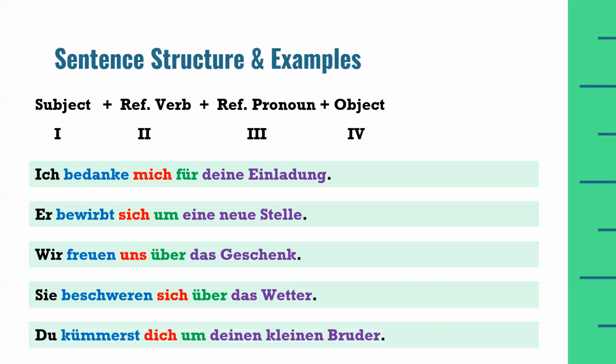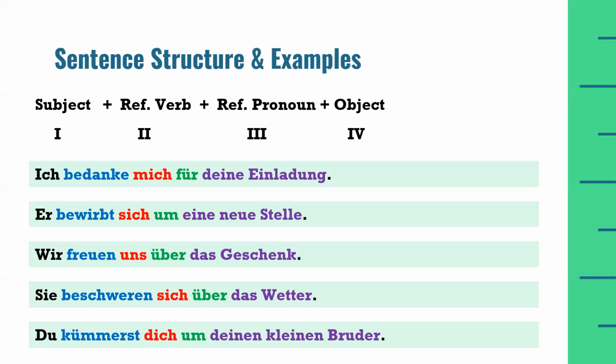Du kümmerst dich um deinen kleinen Bruder. You take care of your small brother. Sich kümmern is the verb here, which will be conjugated for the subject du and becomes kümmerst, and for the subject du the reflexive pronoun becomes dich. So these are the first three positions.